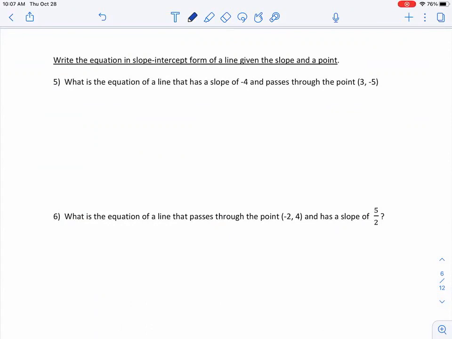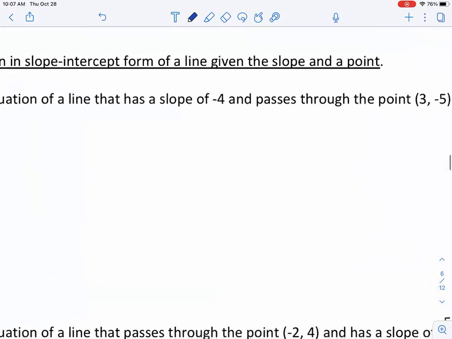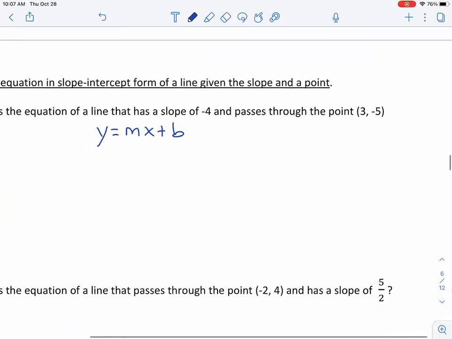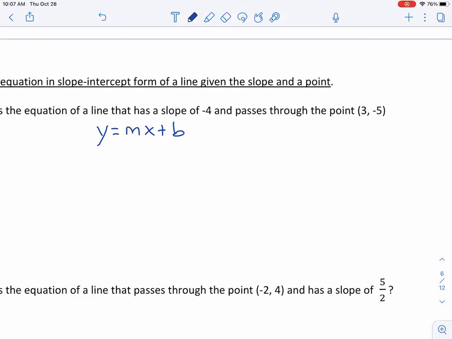Remember our equation from before, y equals mx plus b. M is the slope, b is the y-intercept. To do this one, it tells us the slope is -4.